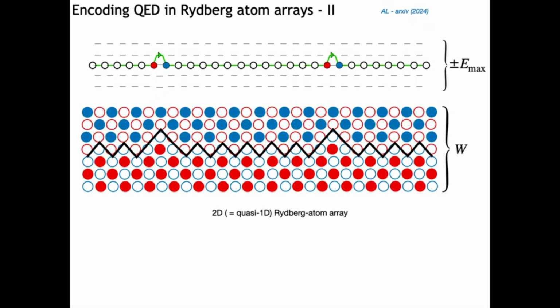And the interface between these checkerboard and anti-checkerboard regions, you can check that in a suitable regime it maps one-to-one with the allowed configurations of the electric field string that are compatible with gauge invariant operations in the gauge theory.